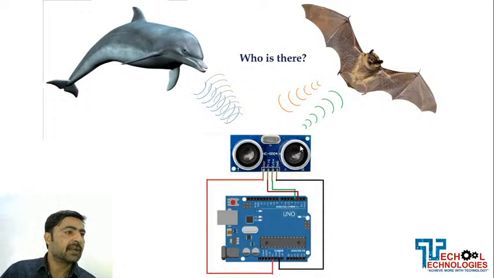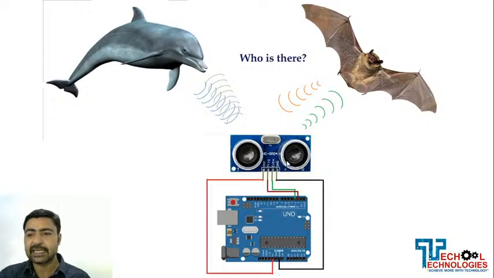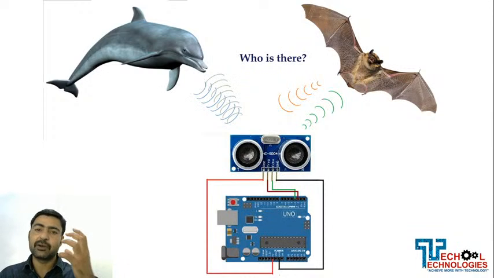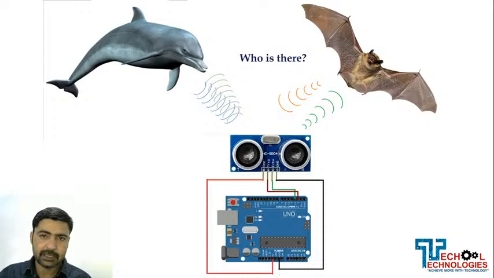In a similar way, we use ultrasonic sensors. Ultrasonic waves range from 3 to 10 megahertz, which is very high. We cannot listen to or sense ultrasonic frequency. Only I think dogs can sense this high frequency.